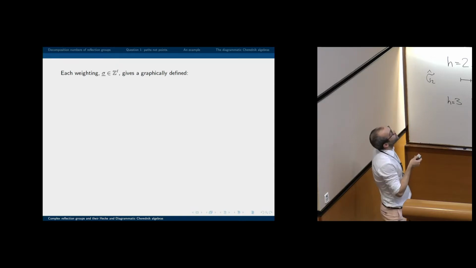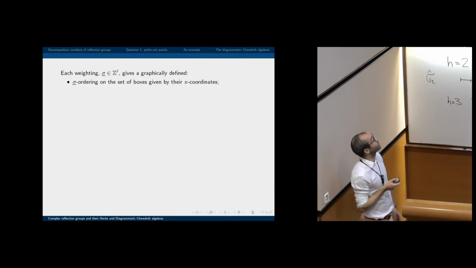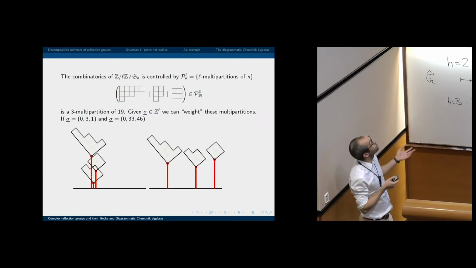Each weighting like this gives us a graphically defined ordering on the boxes that I draw. This is given by their x-coordinates. The boxes in different components have a different ordering. This box here is further to the right than this box here, whereas if I drew it over here, this box is to the left of that box.